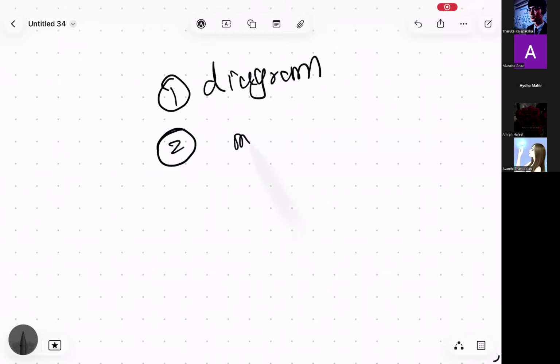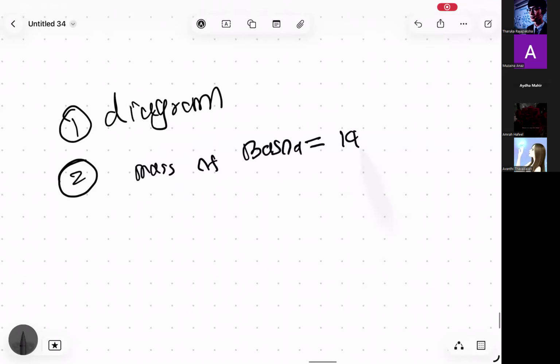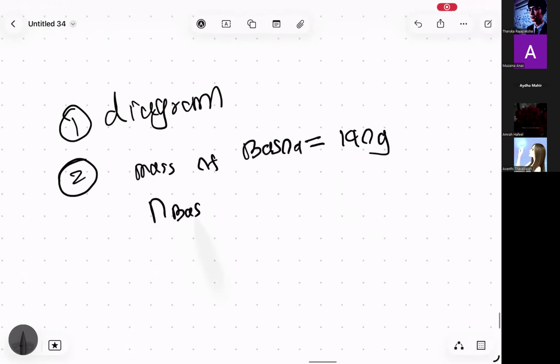Second one, write sentences. Mass of barium sulfate. Write it. And then if they have given a value, write it. 140 grams. Next line, write the number of moles of barium sulfate in 15 cubic centimeters or whatever it is. Learn to write sentences.